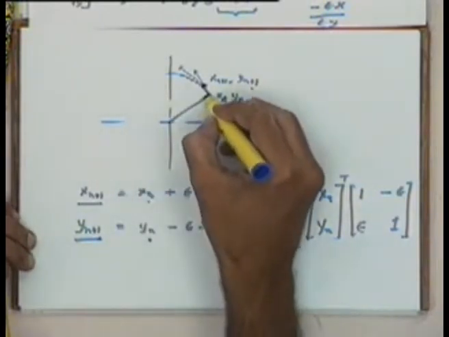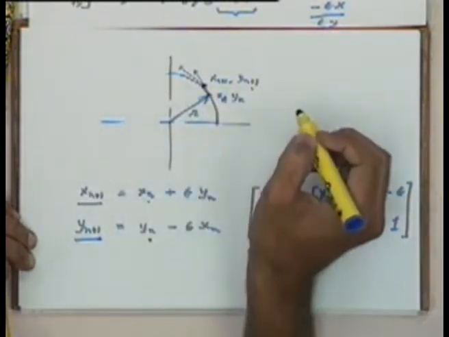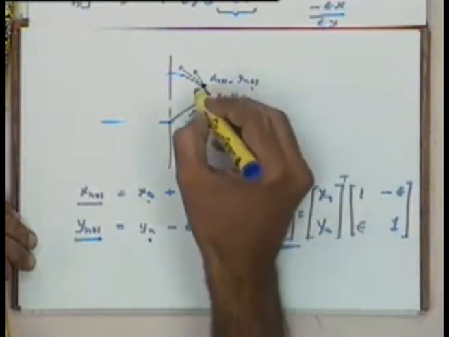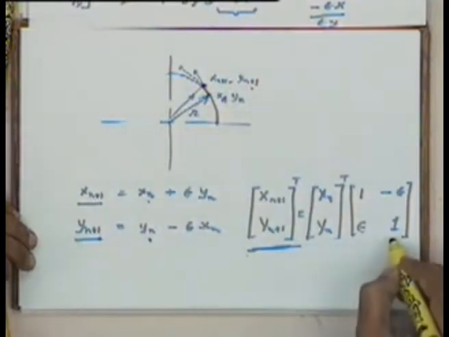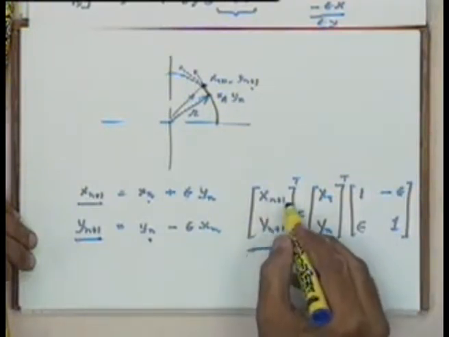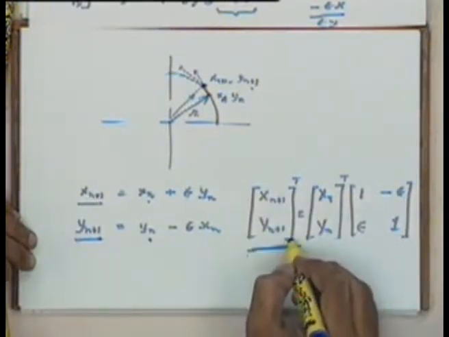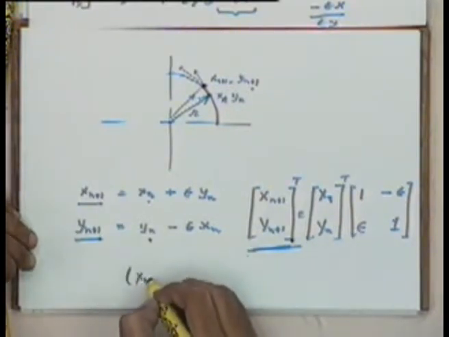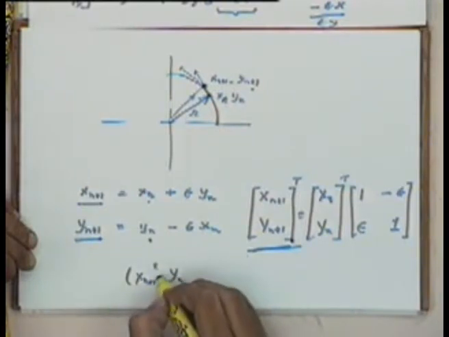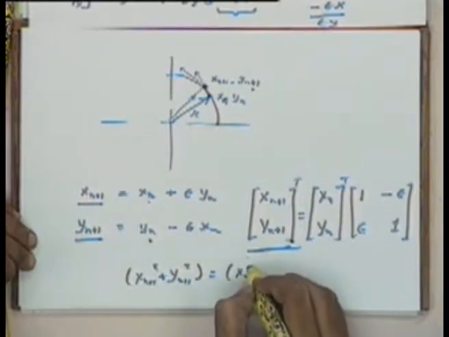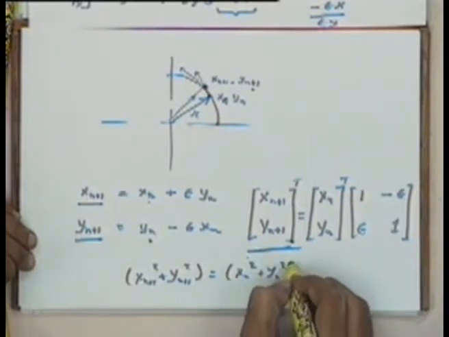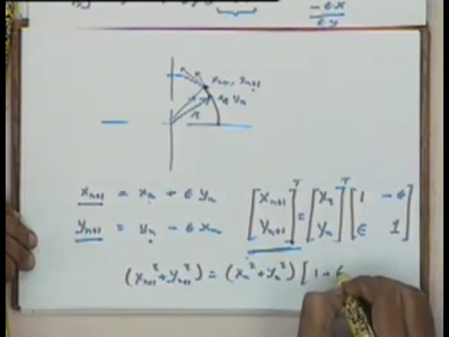This distance would be r, and how much would this distance be? We can find out from here. If we want to find out the magnitude or the radius of this point xn plus 1 yn plus 1, we will get xn plus 1 squared plus yn plus 1 squared equal to xn squared plus yn squared multiplied by 1 plus epsilon squared.